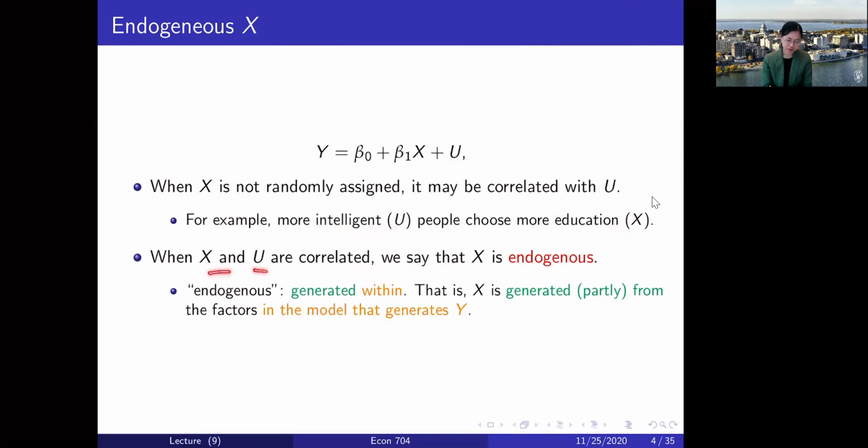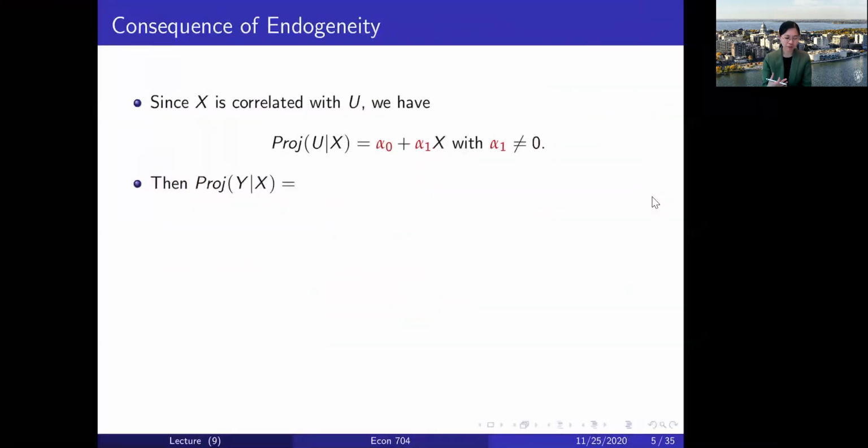So when X and u are correlated, we say X is endogenous. So what do we do when X is endogenous?